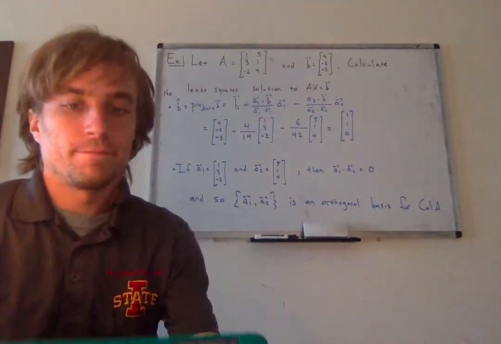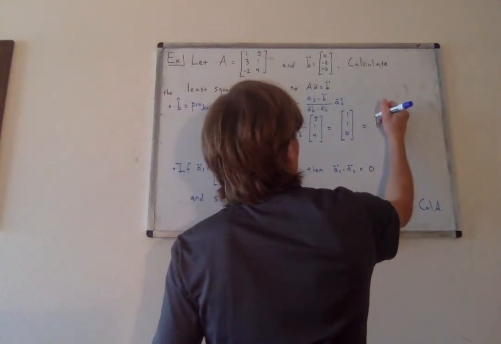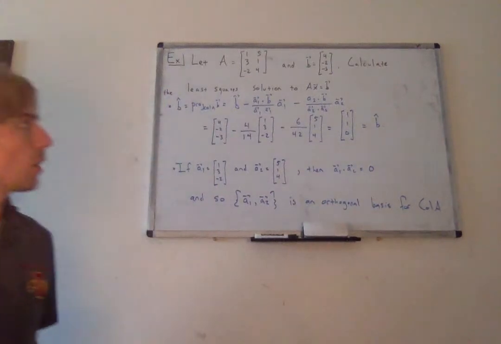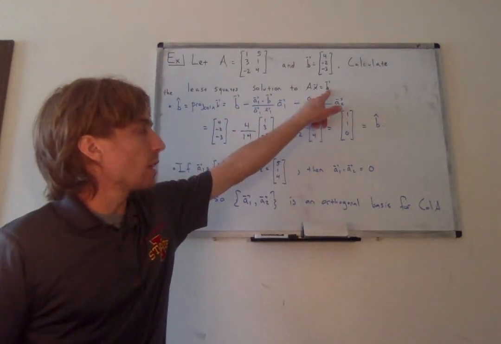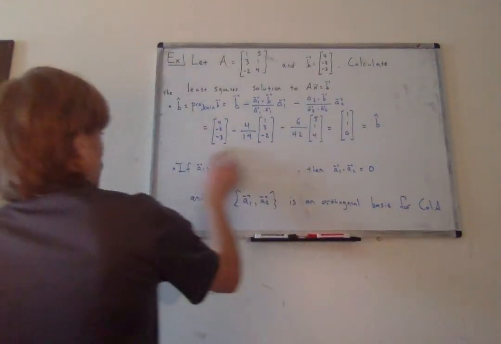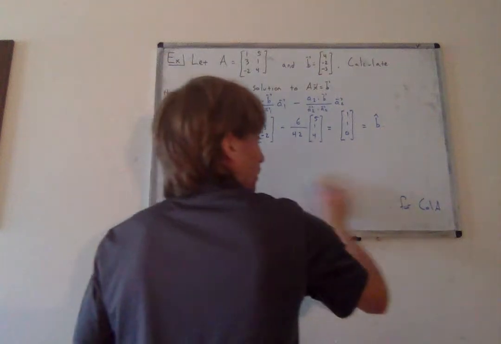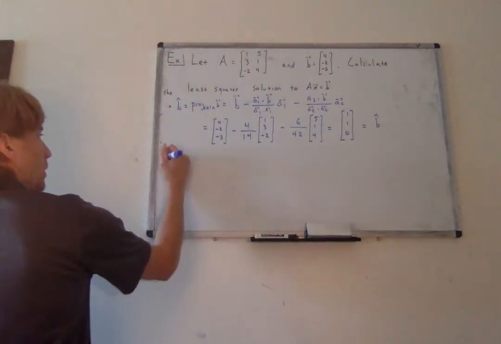We're not quite done yet, because ultimately we want not only b hat, the best approximation to b using the columns of A, but the vector x hat, which is doing the approximating. So we're doing this in a slightly different order than the previous problem.